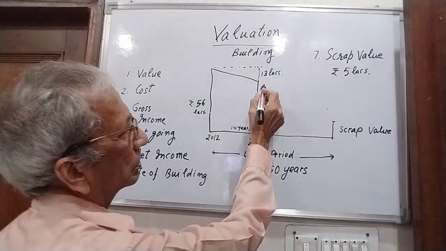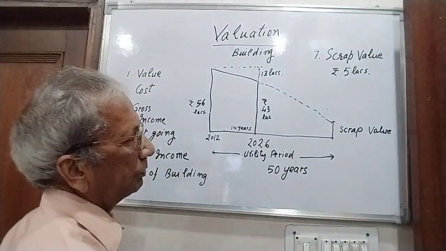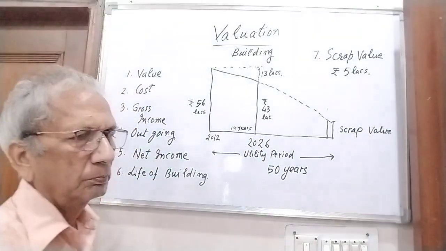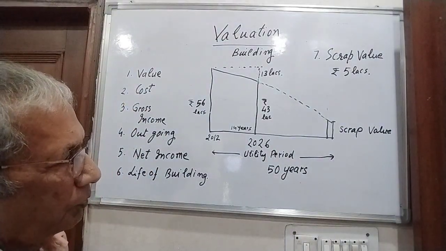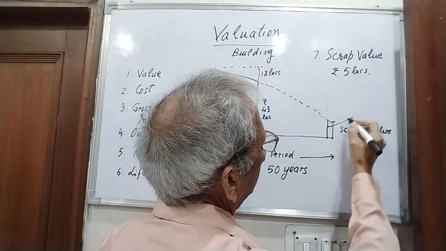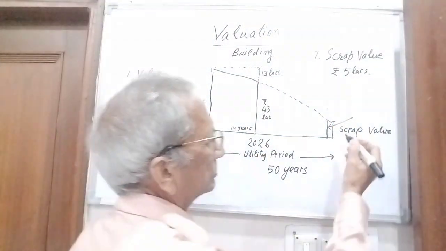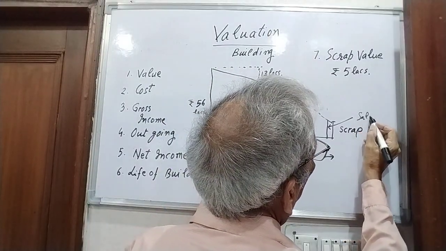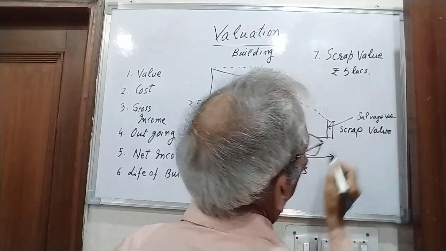Just before scrap value, when we are getting somewhat profit from the building, but that profit is very less, then if we sell this building at this stage when profit is very less, that is called salvage value.